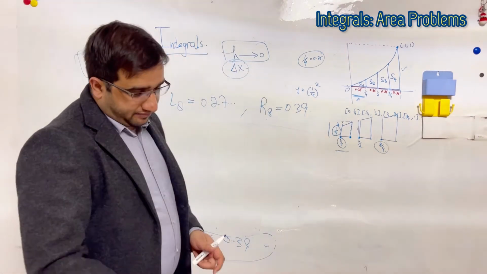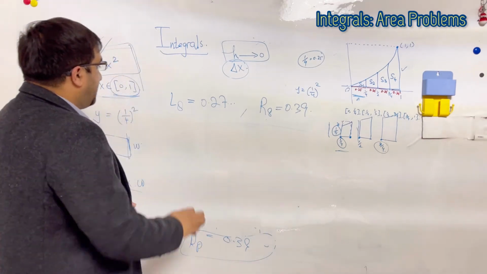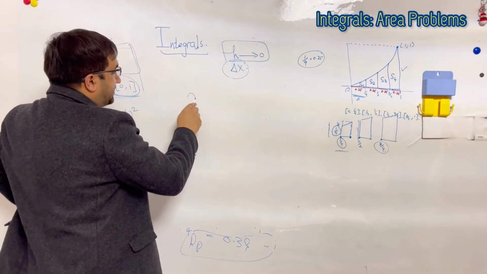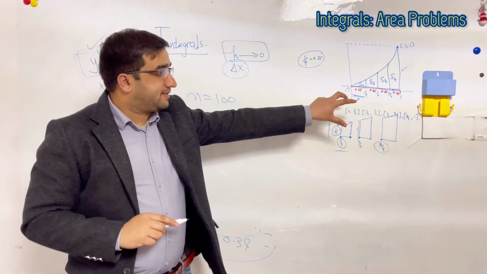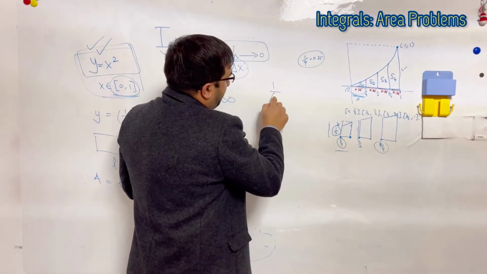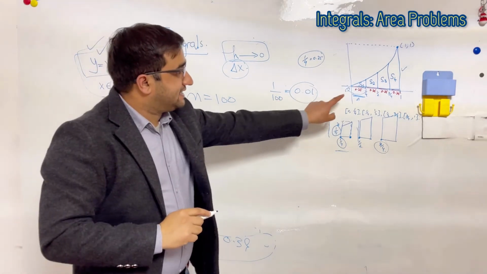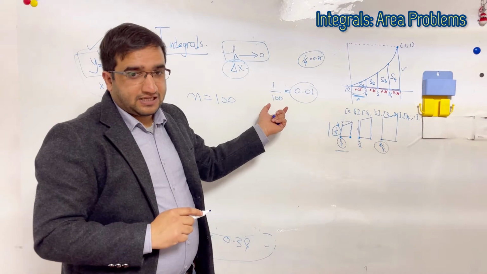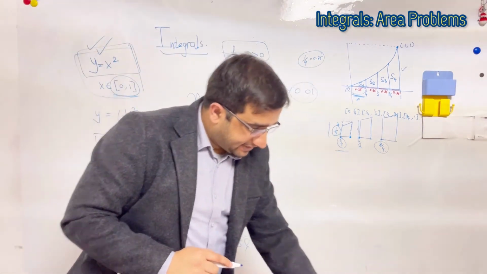Now this is for 8, and when they split this whole region into 100, taking n equals 100 on the computer, means you are taking this distance 1 by 100, 0.01. It means you will make 100 intervals, and the accuracy is closer.